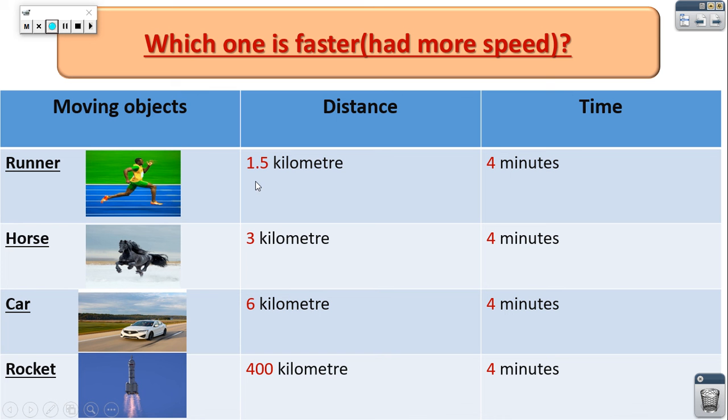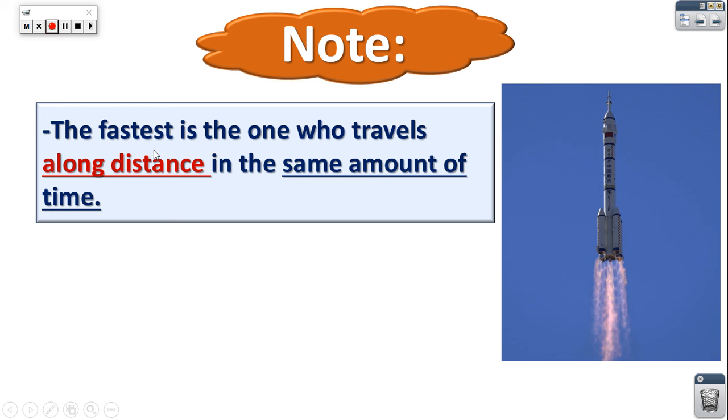The runner just finished 1.5 kilometers in the same 4 minutes that the rocket finished 400 kilometers. And the horse just finished 3 kilometers in 4 minutes, the same time that the rocket finished 400 kilometers. So the rocket is the fastest object here. Why? Because it finished a large distance in the same amount of time.